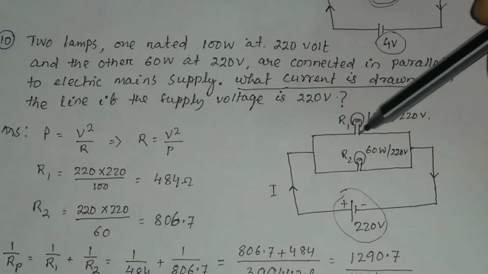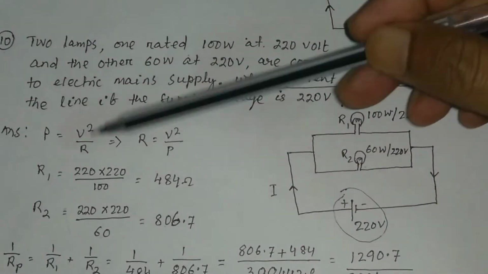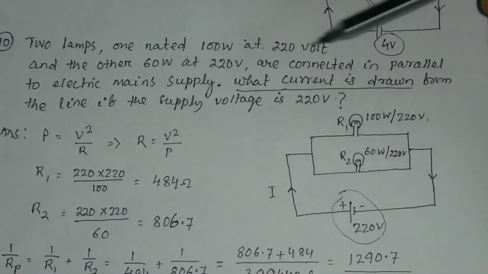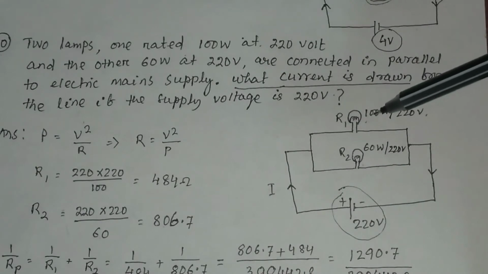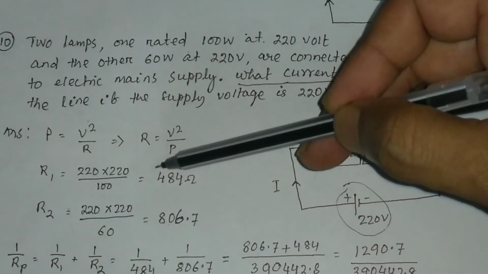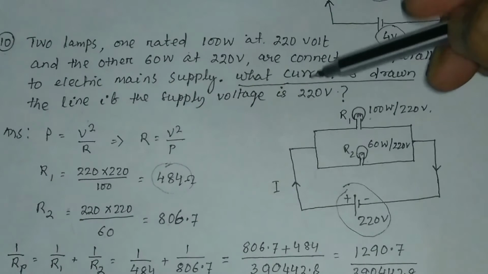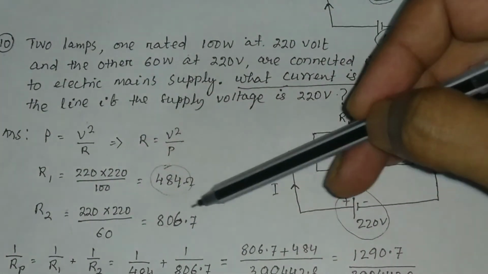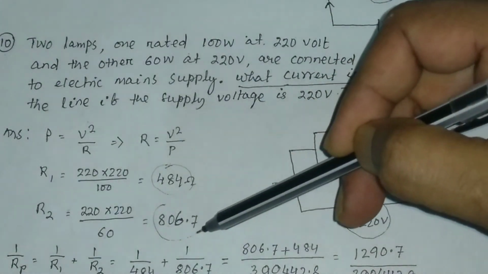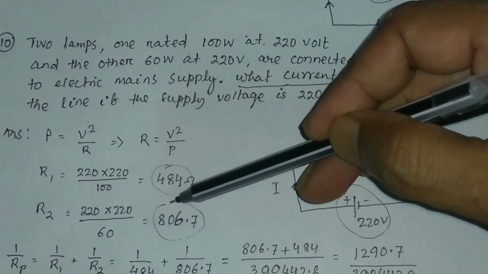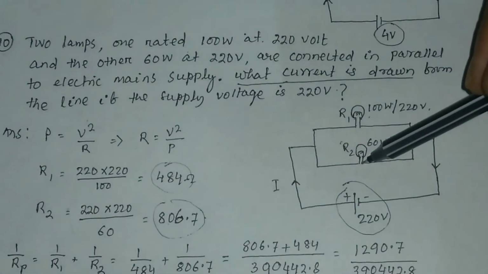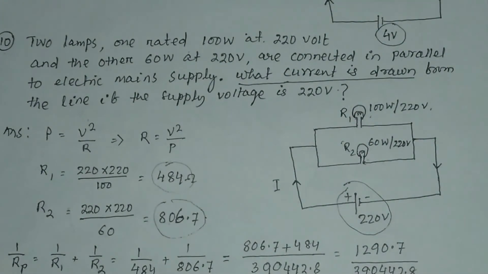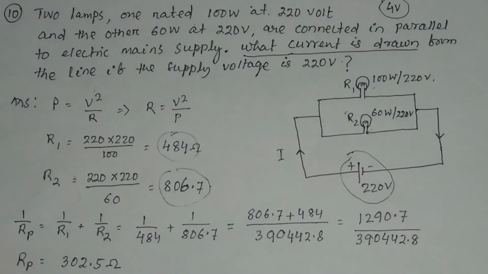First of all, we have to calculate the resistance. Using the formula P equal to V square by R, R is equal to V square by P, you can calculate the resistance for this 100 watt bulb. Resistance for the 100 watt bulb will be equal to 484 ohm. Similarly, the resistance for the 60 watt bulb will be 806.7 ohm. These two resistances are connected in parallel, so the equivalent resistance can be calculated. 1 by Rp is equal to 1 by R1 plus 1 by R2.